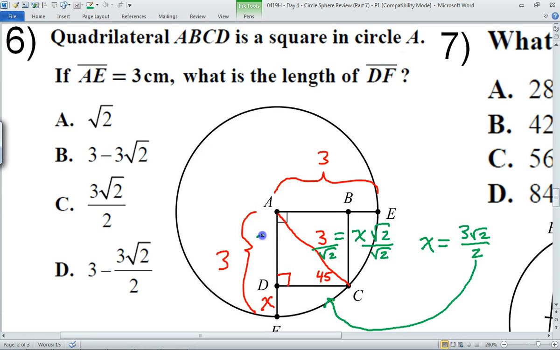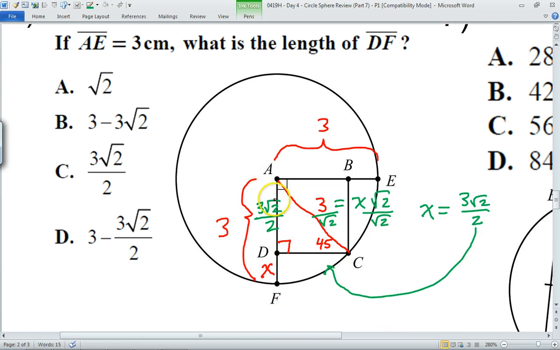So AD is 3 radical 2 over 2. Now I'm ready. Okay? This takes that extra part of your brain, so really concentrate. If I know that the whole length from A to F, let me scroll up a little bit. If I know that the whole length from A to F is 3, and if I know that from A to D is 3 radical 2 over 2, what operation would I have to do to find x?